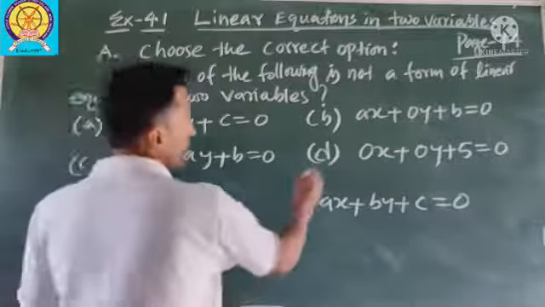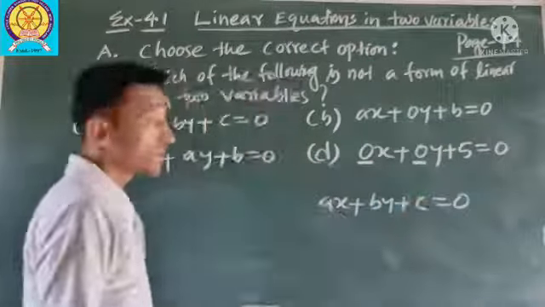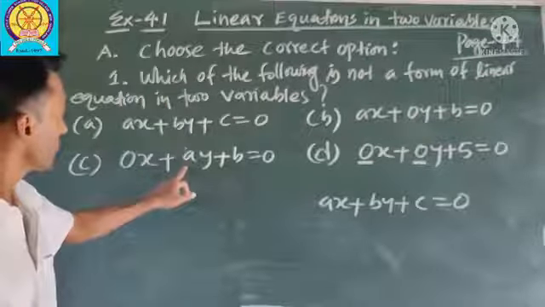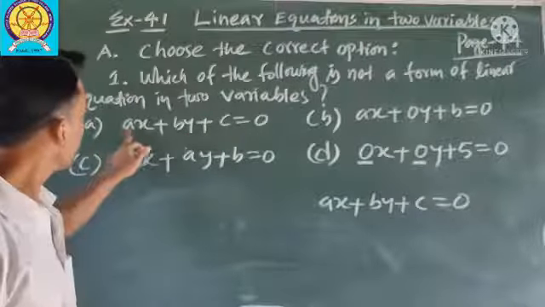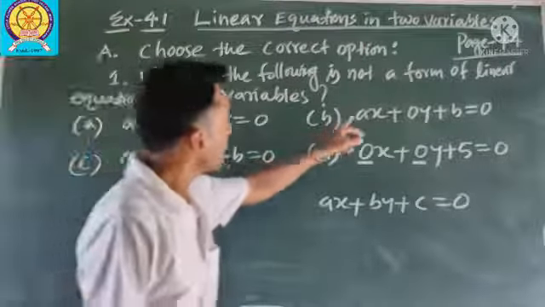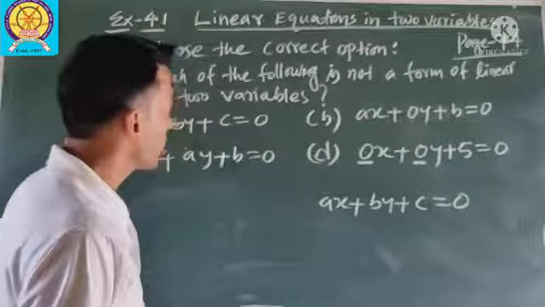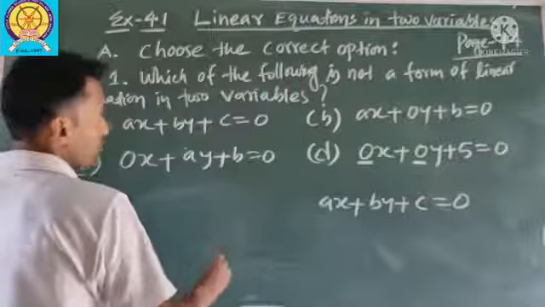You see, in D a is 0, b also is 0. In the others, you see here only a is 0. This one is not 0. You see here it is linear equation in two variable. This one also is linear equation in two variable. Only this value is 0, value of b is 0. Only b value 0.